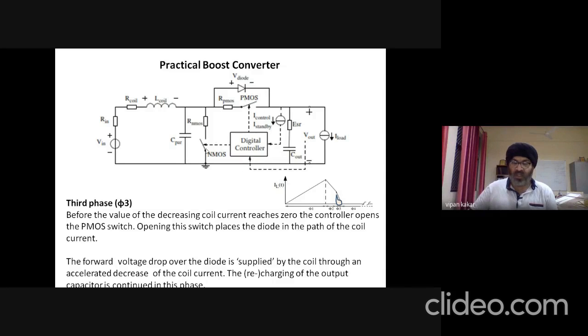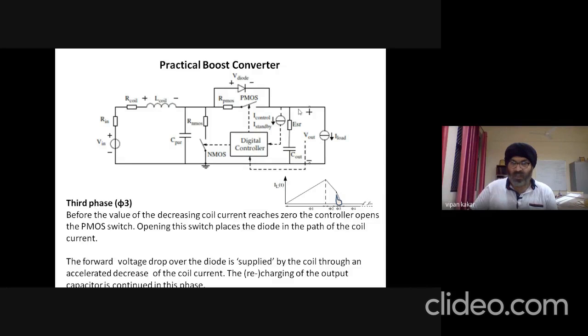NMOS is turned off in phase 2, PMOS is turned off in phase 3. Now only the diode is in the picture. So the forward voltage drop over the diode is supplied by the coil. A very, very small energy remained inside the coil from here till it reaches 0.